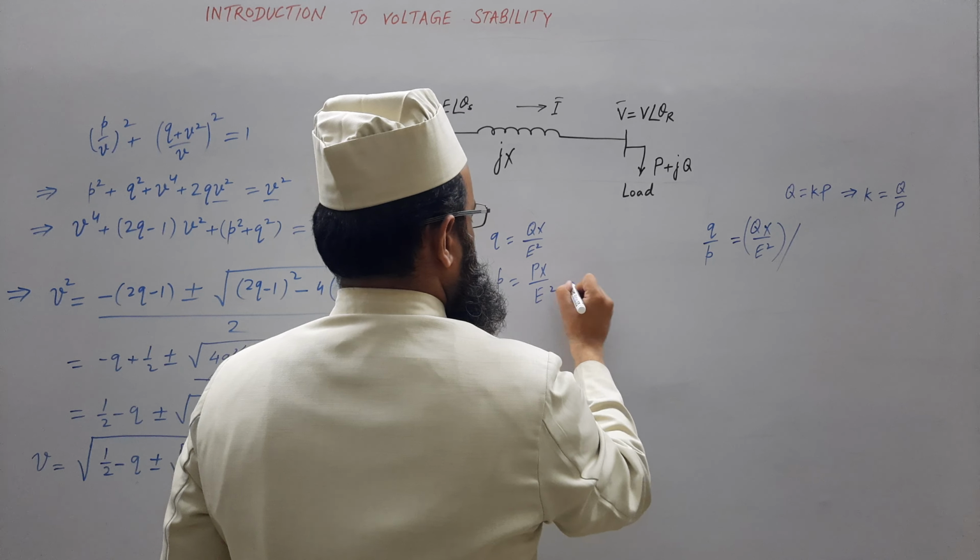Fine. Provided 1 by 4 minus Q is Kp minus P square equal or greater than 0. Fine.